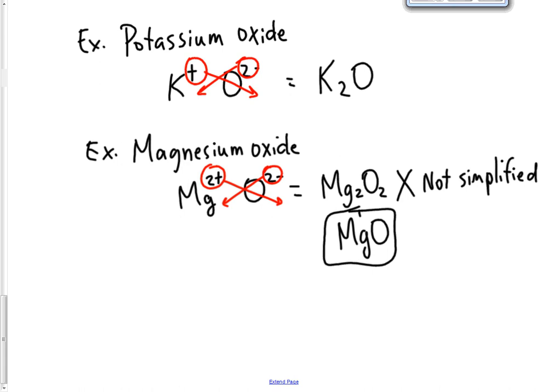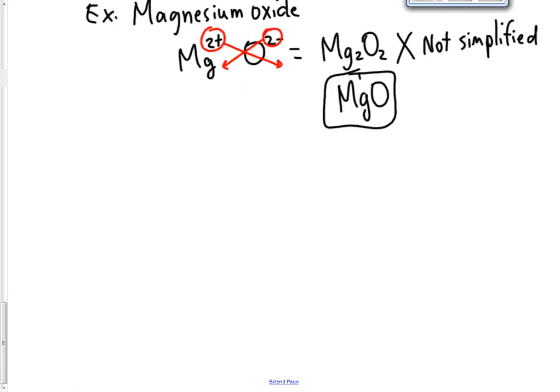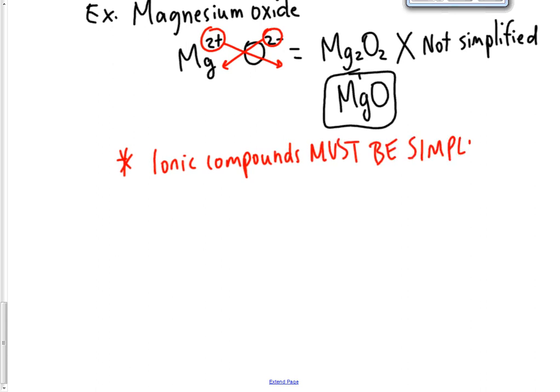Do not forget to simplify. Ionic compounds must be simplified. That's how you make ionic compound formulas, binary anyway, and names.